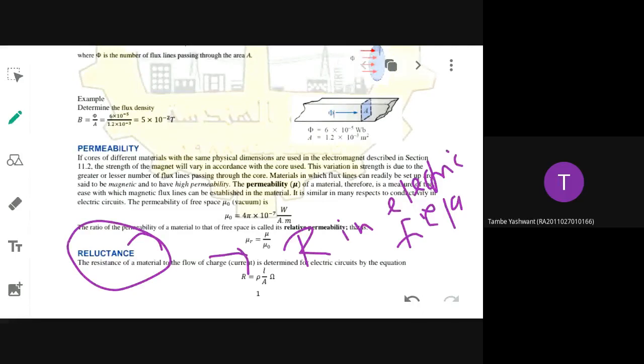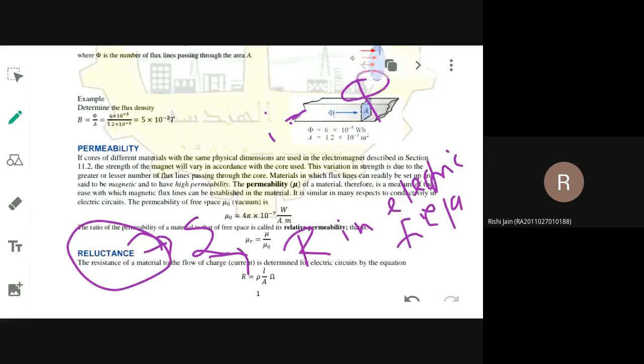In the same way, if you want to define reluctance, given by S, how will you define it? It is also an opposition property, but offered against what parameter? Magnetic flux. I is proportional to what parameter in the magnetic field? Phi, flux. So I is proportional to phi in the magnetic field.